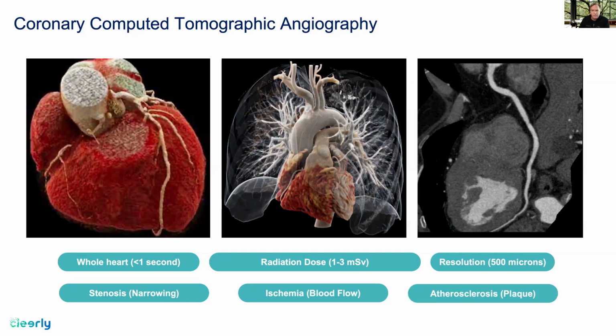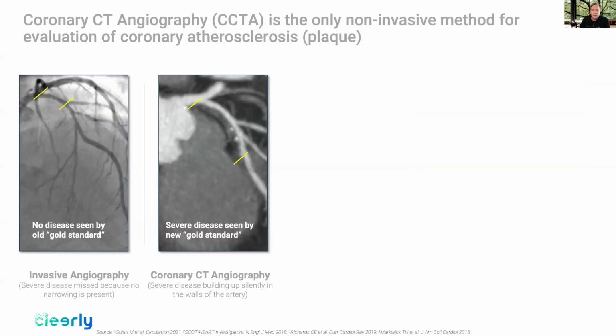But in the last few years, a lot of the emphasis has been placed on the detection and characterization of atherosclerosis, which is what we're very much focused on. Ischemia and stenosis are, of course, still important, but we believe atherosclerosis is the most important thing that we can gather these days from the cardiac CT examination.